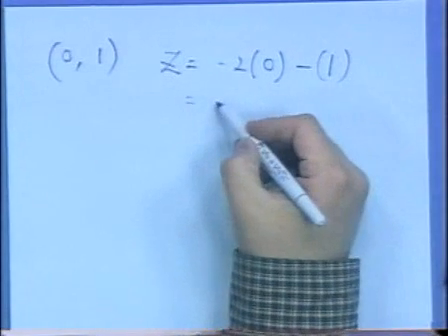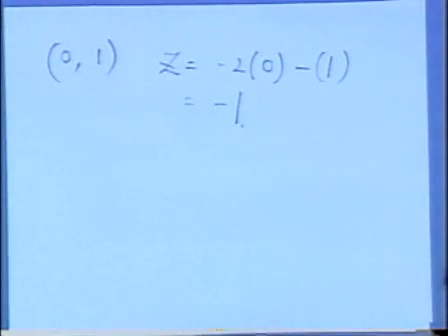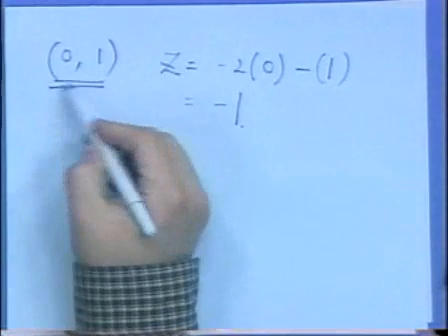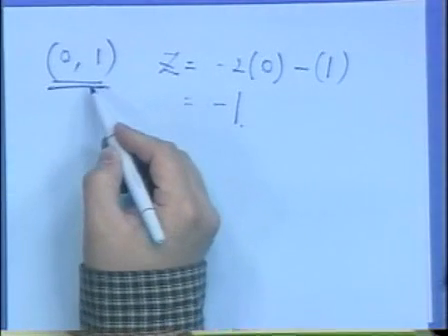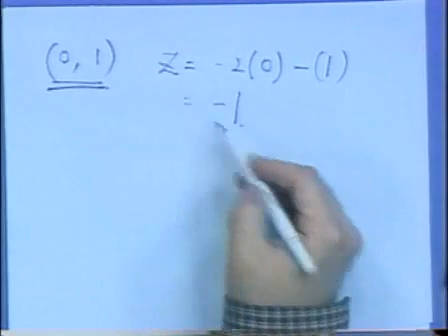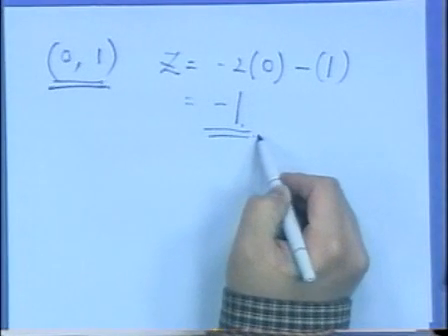Which is negative 1. Which means this point (0, 1) lies on the iso value line g equals negative 1, right?